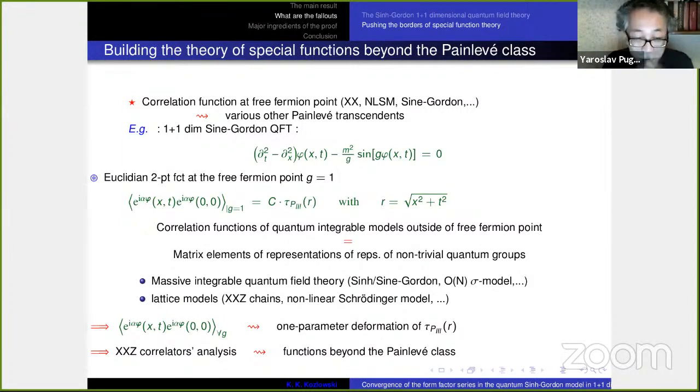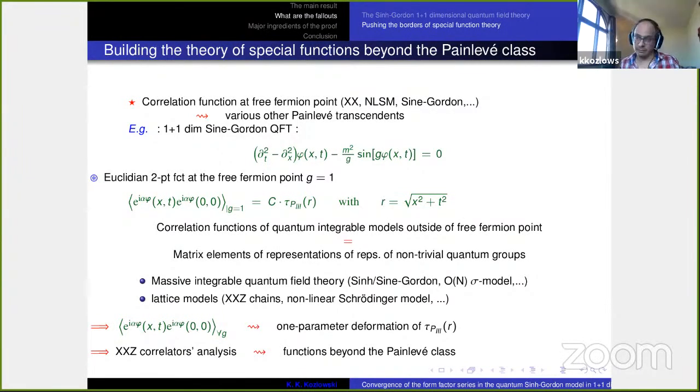The best you can have is a closed expression in terms of, say, form factor sums. So you compute form factors for the Sinh-Gordon model at general coupling constant. It reduces to Painlevé 3 for the coupling equal to 1. Okay, got the point.